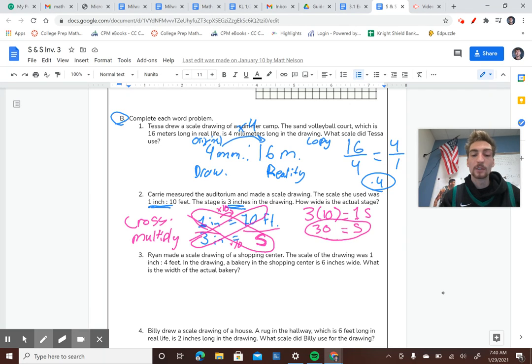But if you also just want to use the copy over the original, that works as well to figure out your scale factor and then multiply both the top and bottom by that number.